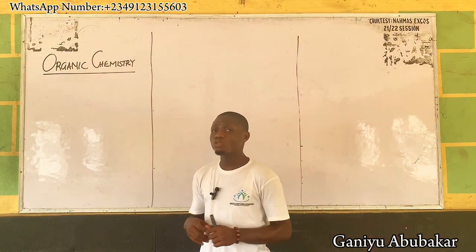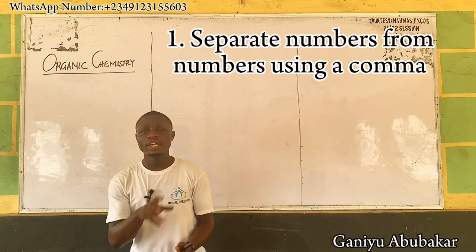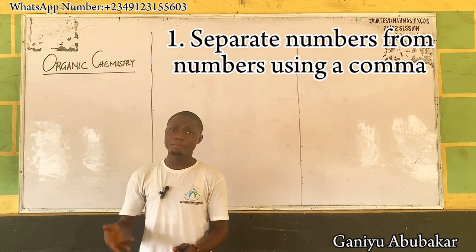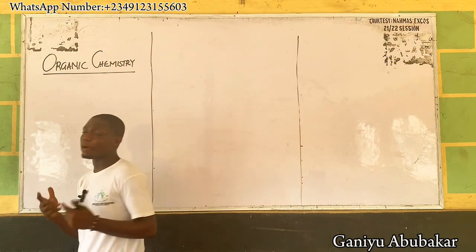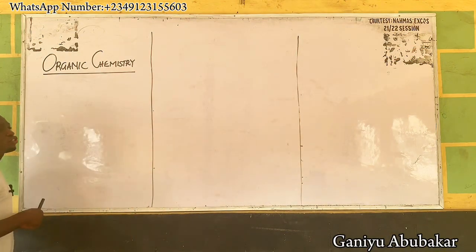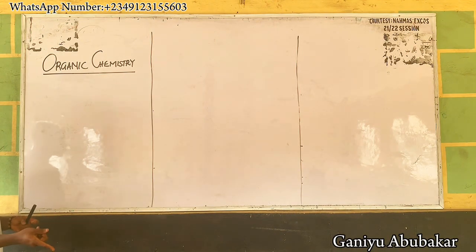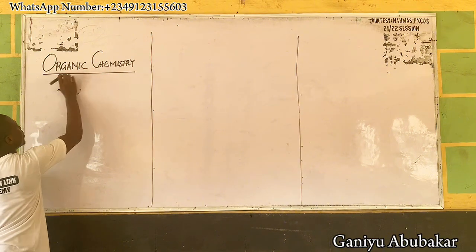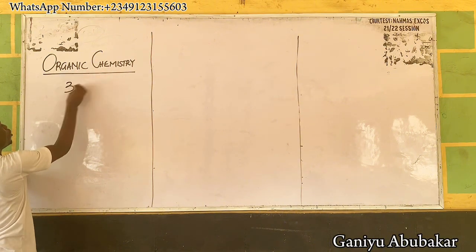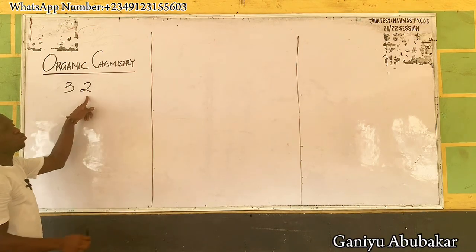So let's look at how to correctly write the names of organic compounds. Rule 1 says separate number from number using a comma. If I want to write, let's say, 3,2-dibromo, I will not write it as 3 2 with no comma.